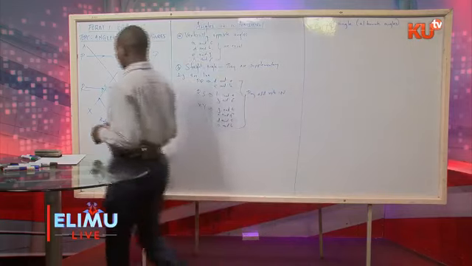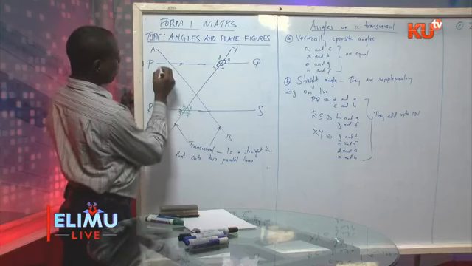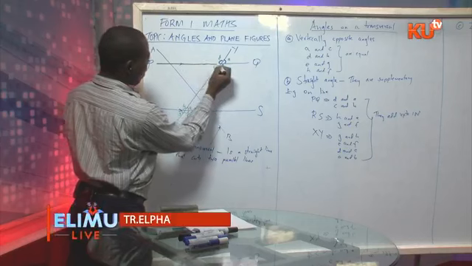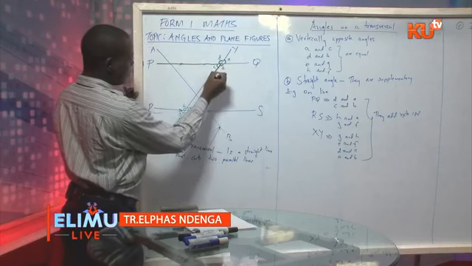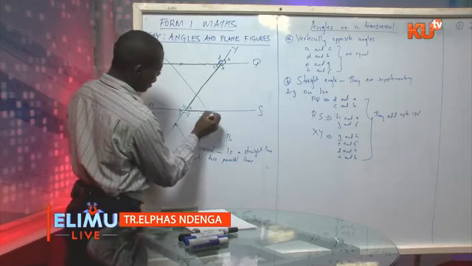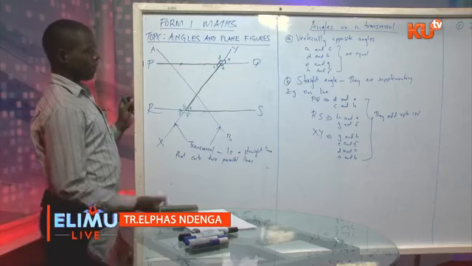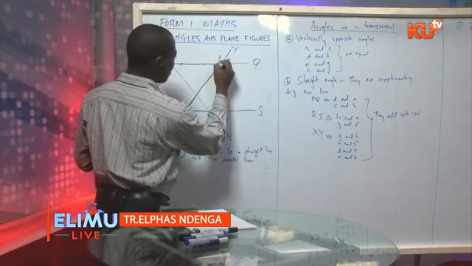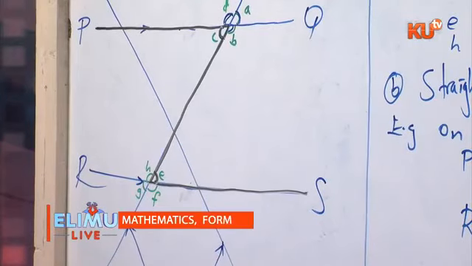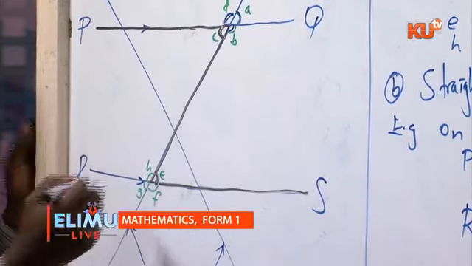Now, we call them Z because they tend to form a letter Z. So looking at our diagram, if you look at P, up to this point, then we drop along the transversal up to this point and take this turn to the side of S. That is a letter Z. So we've obtained the angle C and the angle E. These are what we call the alternate angles. That angle C alternates to angle E.